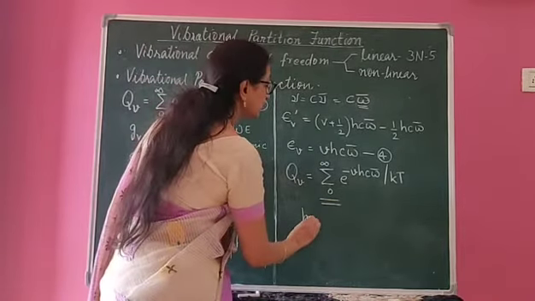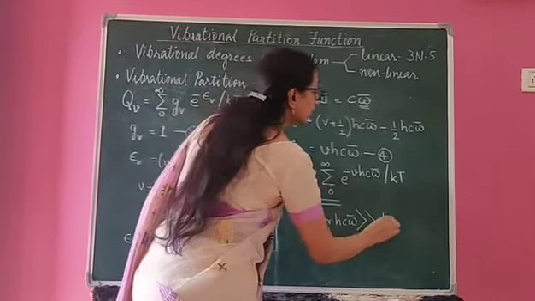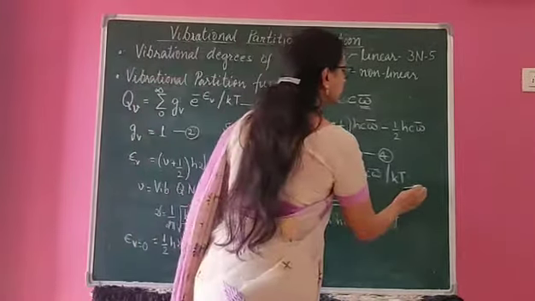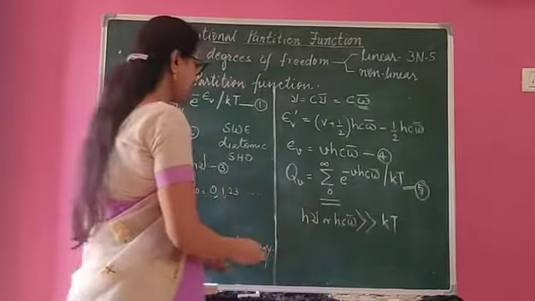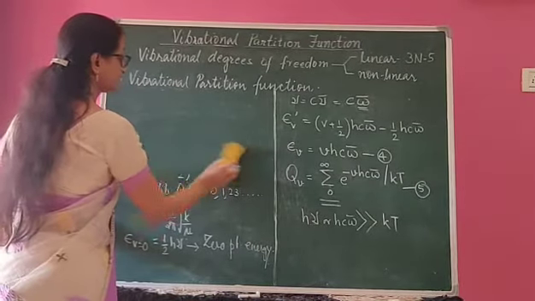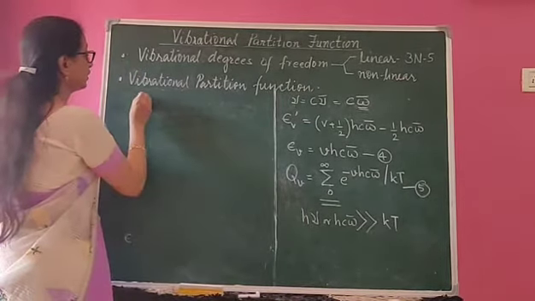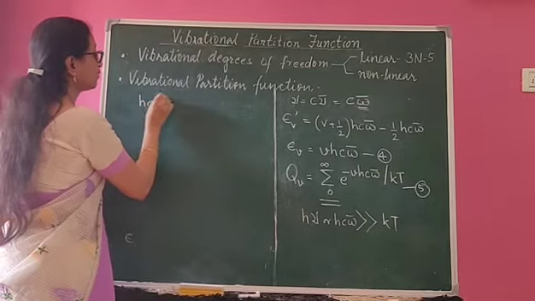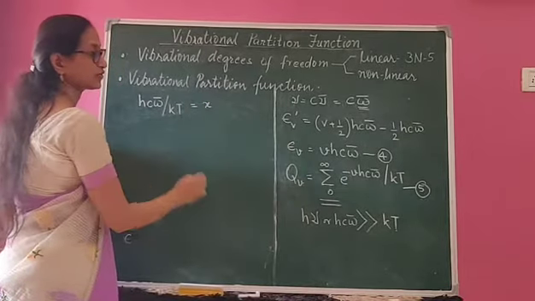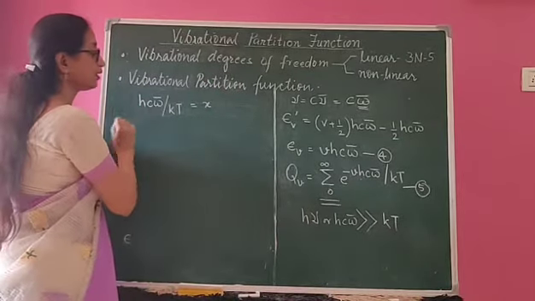This h nu, or hc omega bar, is much higher than the thermal energy, so we cannot replace the summation by integration. It will remain as a summation. Now let us simplify this equation. Let us substitute a constant x for hc omega bar upon kT. These are all constants for a given temperature and a given molecule.